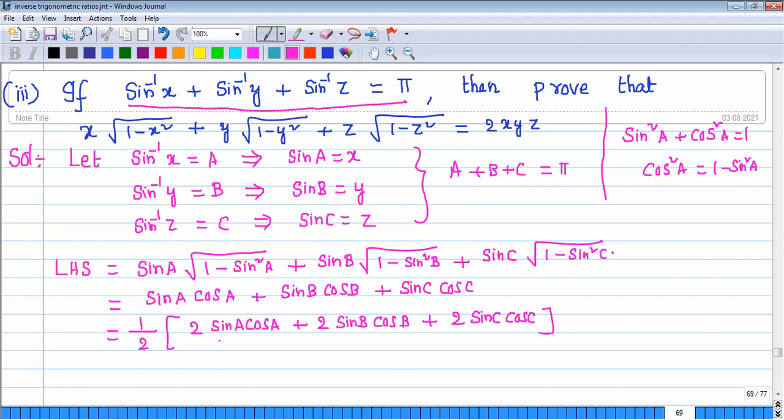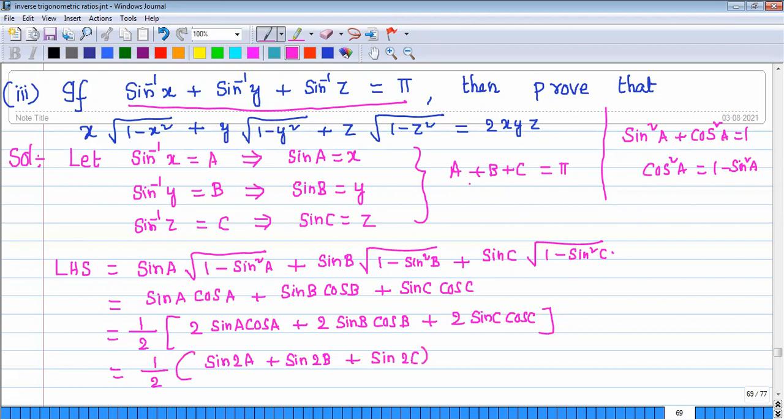So 2 sin a cos a is the formula; this we can write as half times sin 2a plus sin 2b plus sin 2c.